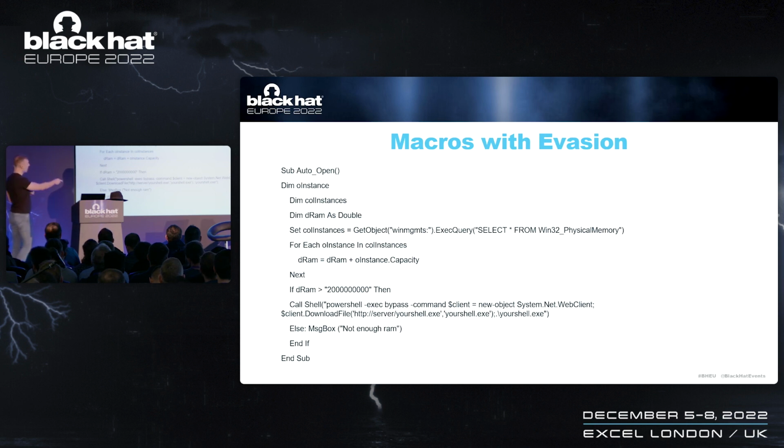We use WMI to find out the amount of memory, and I know it's a stupid condition, but I just say: if the amount of memory is larger than 2, execute my script, a reverse shell. If smaller, I just say not enough RAM. Make sense?